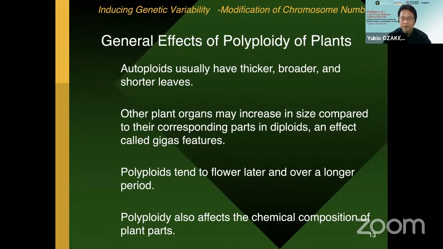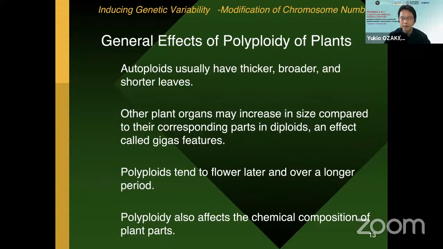In terms of general morphology, an autoploid would resemble the original parent, whereas an alloploid would tend to exhibit a phenotype that is intermediate between its parental species. Autoploidy increases cell size, especially in meristematic tissues.